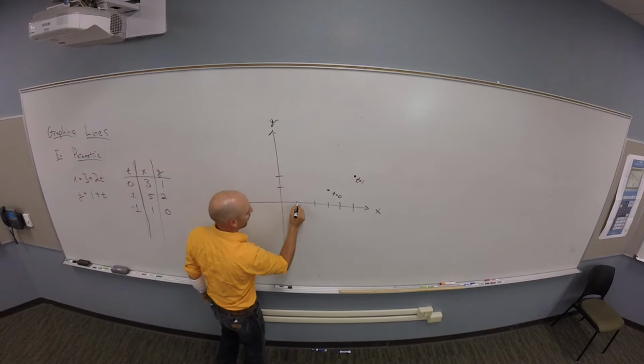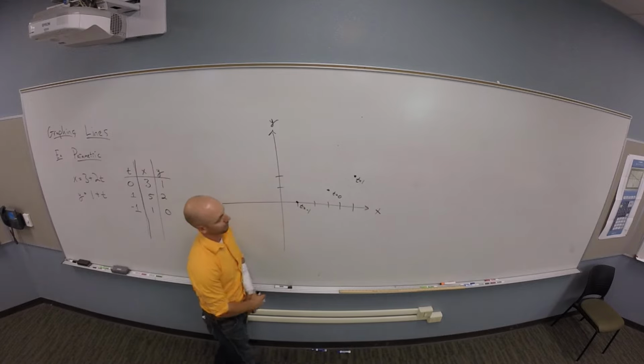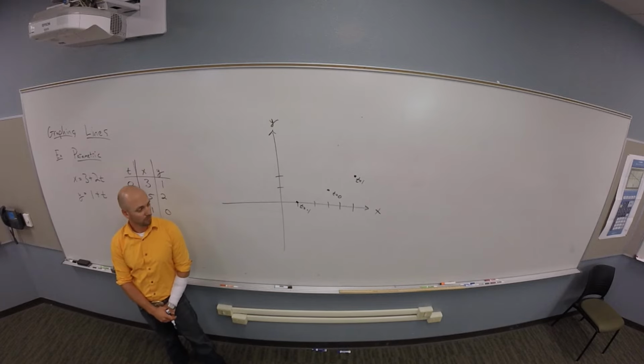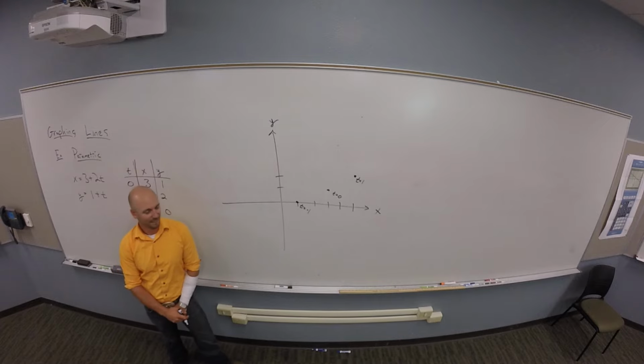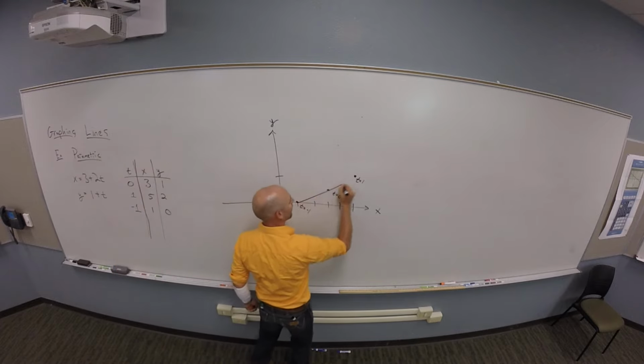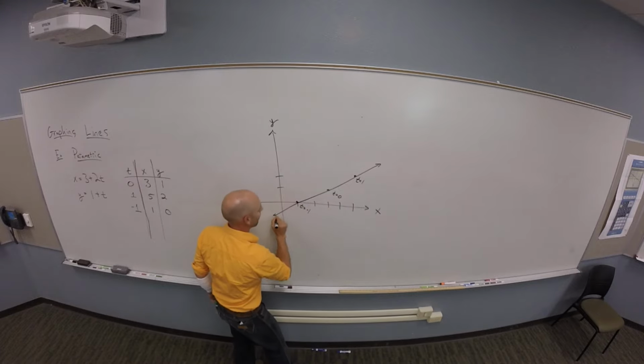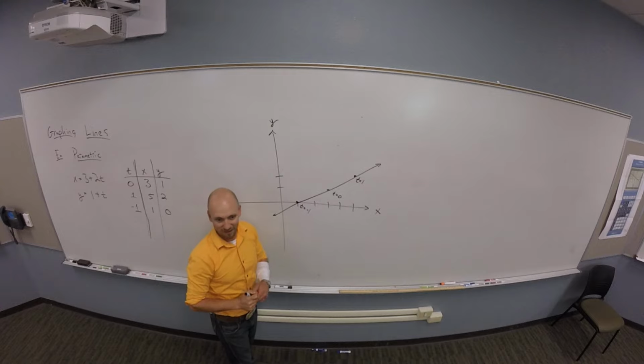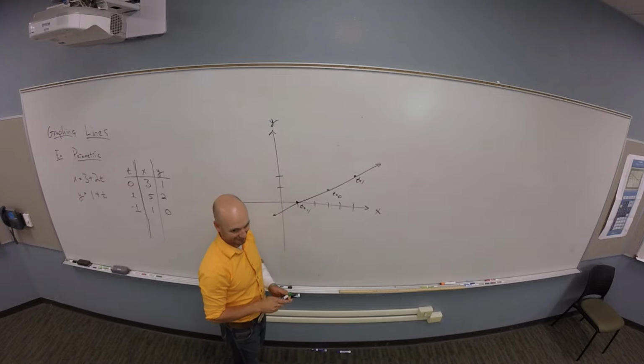Okay, so that's here. Can you guys tell me about the slope of this line? It's 2. Close. So here's the line I'm talking about, right? Yeah, it's a half.